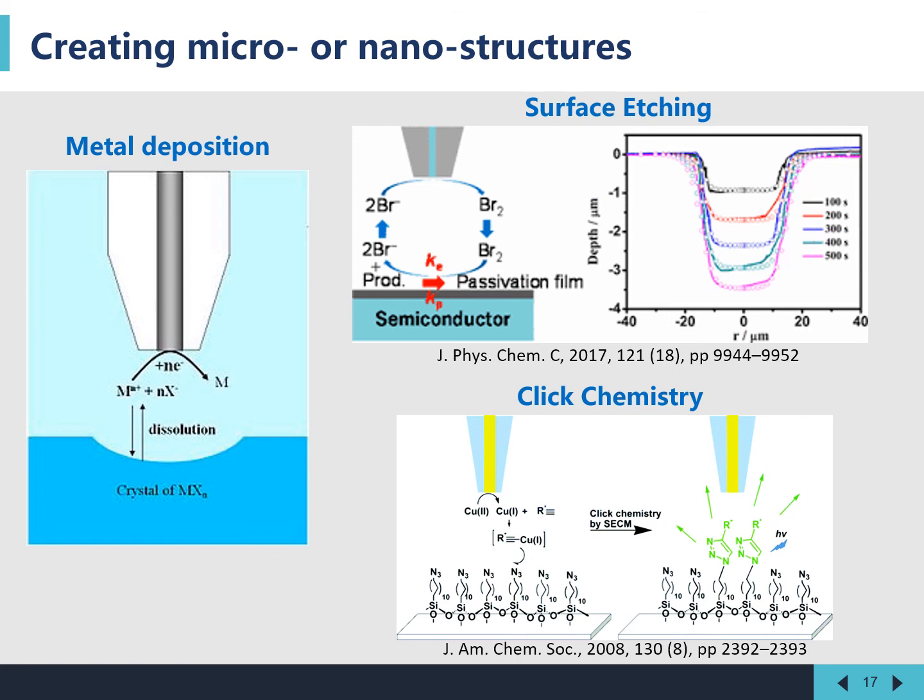In another case, SECM can generate bubbles of gas and therefore passivate the film. Surface modification can also be achieved by click chemistry. So this is why SECM is different from other tools, because it can change the surface properties.